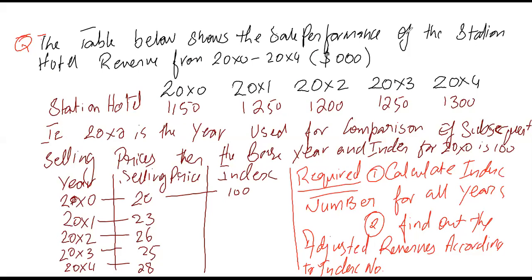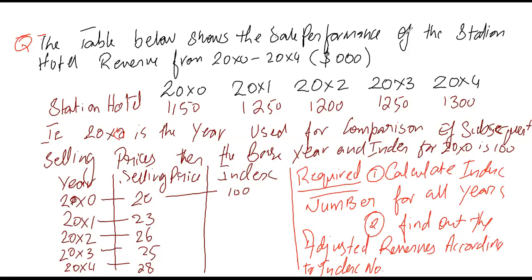The station hotel revenue for 2000 is $1,150,000. 2001 is $1,250,000. 2002 is $1,200. 2003 is $1,250, and 2004 is $1,300.